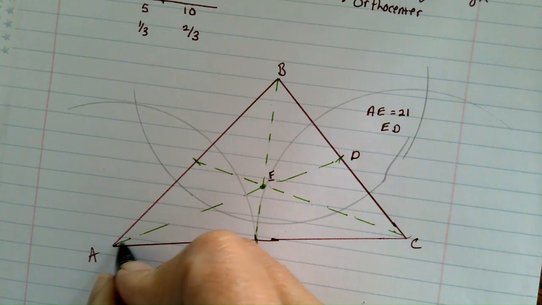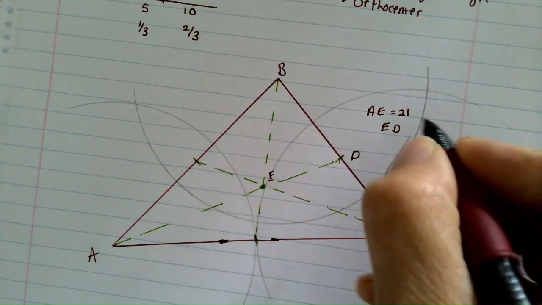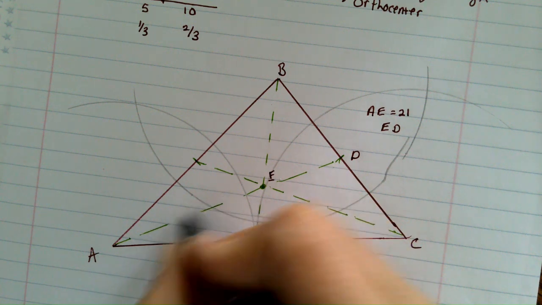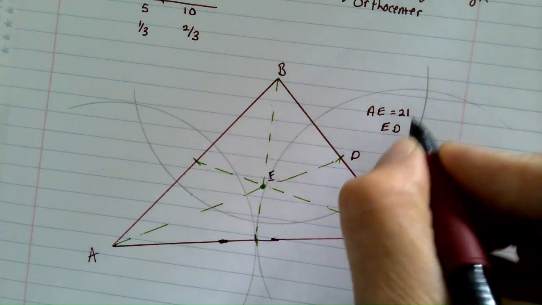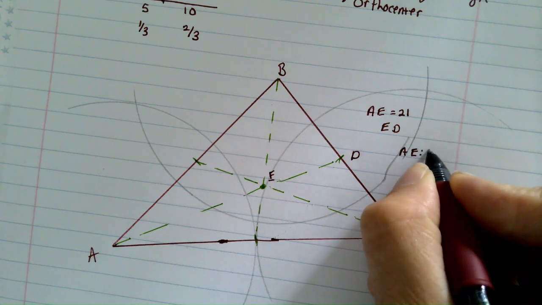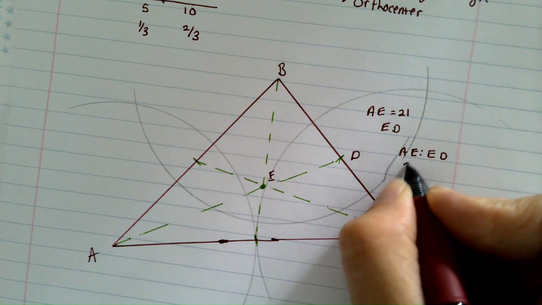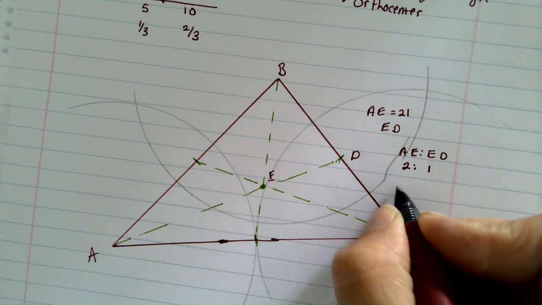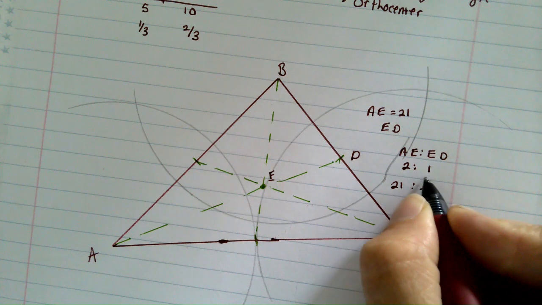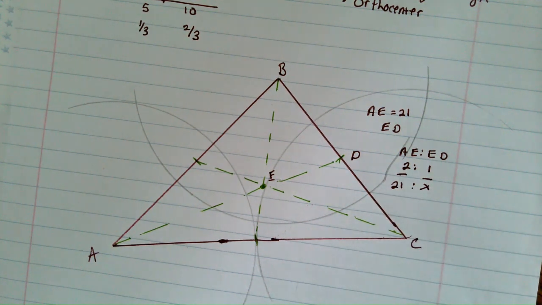So we're not talking the whole thing, but this is the double side, right? AE to ED should have a 2:1 ratio. But AE is 21, and we're trying to find ED. So do you see how we've set up a proportion here?